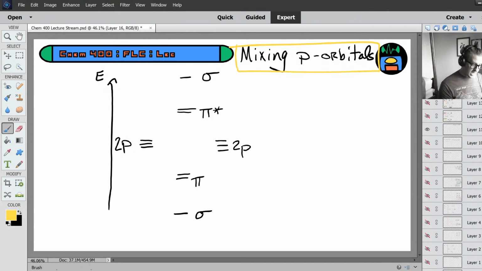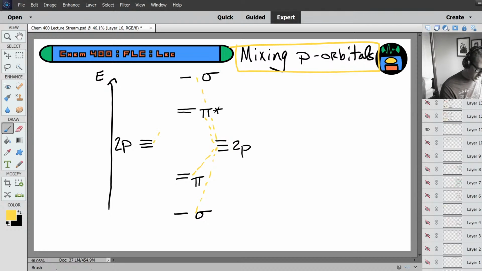Now, just like every orbital diagram that we've drawn before, whenever we draw our molecular orbitals, we have to show the orbitals that are mixing to form them. And we signify this by drawing dashed lines in between the atomic orbitals we're mixing and the molecular orbitals that we are forming.